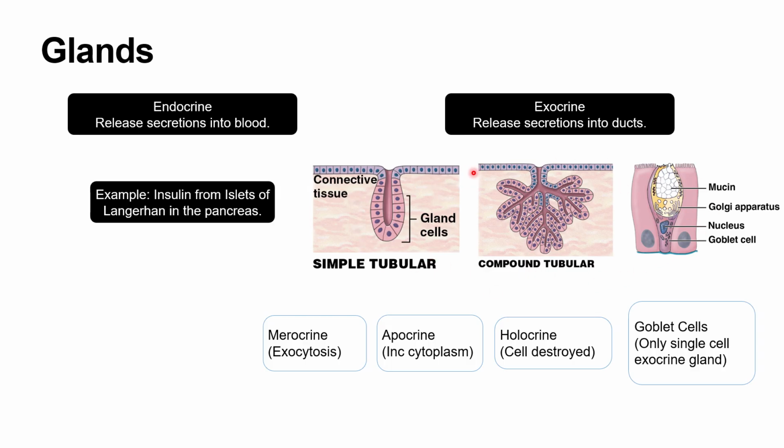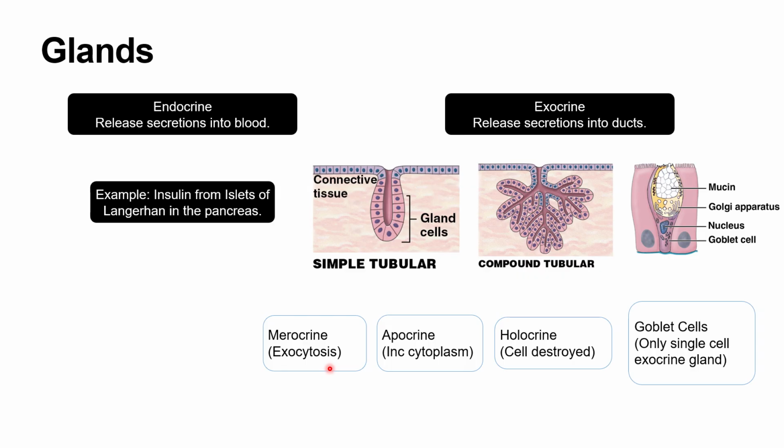When we talk about the different physiologies, or how each of these exocrine glands can operate, we need to talk about the categories of merocrine, apocrine, holocrine, and then our goblet cells again. The merocrine exocrine glands are going to secrete their products into a duct through exocytosis.